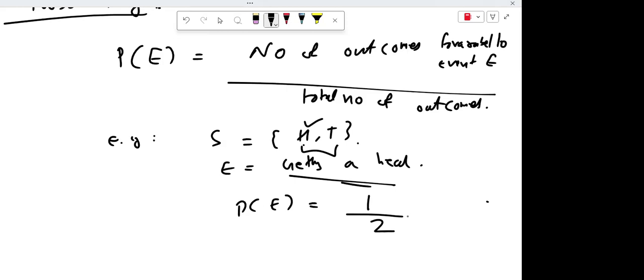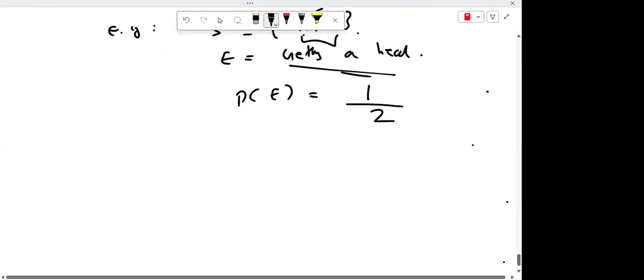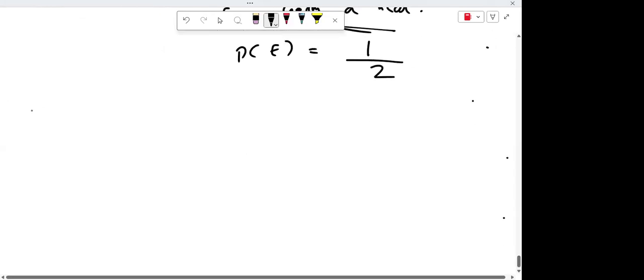And probability is always less than or equal to 1, more than or equal to 0, and cannot be negative. Yes, sir.